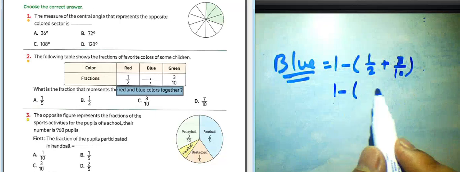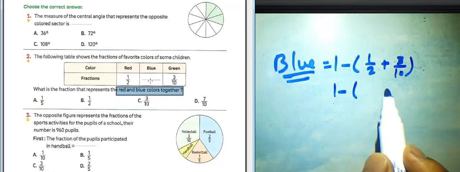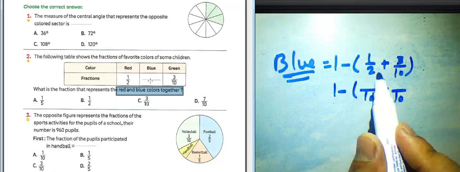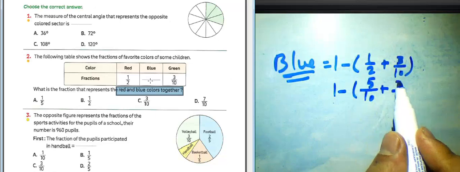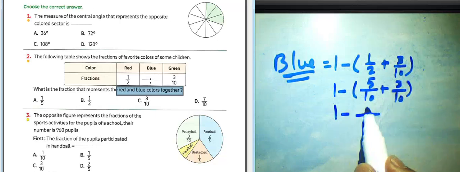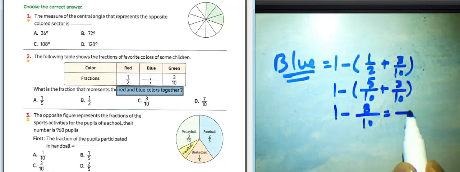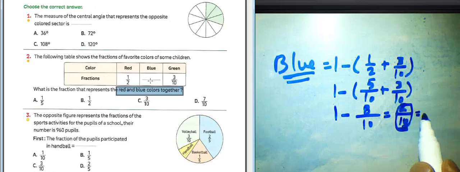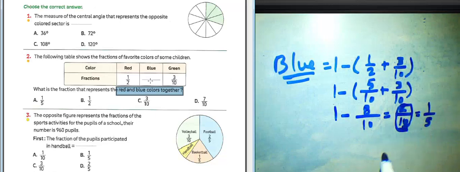We must find the least common multiple between the two denominators, which is 10. 2 times 5 equals 10. 1 times 5 equals 5. And we have 3 over 10. 1 subtract the total of them: 5 plus 3 equals 8. So the result will be 2 over 10. 2 over 10 is equal to 1 over 5. We can simplify it by dividing by 2.